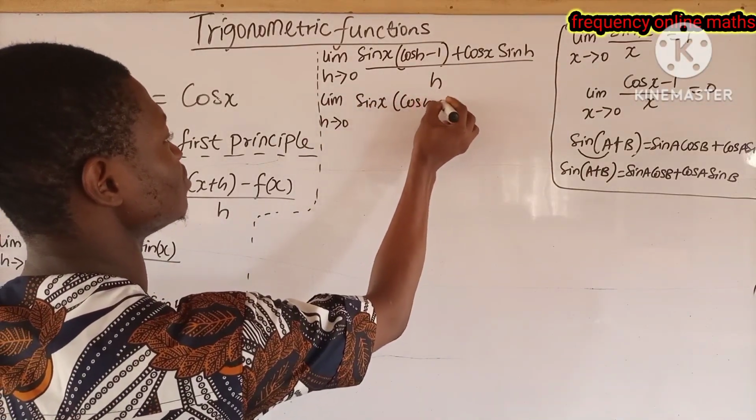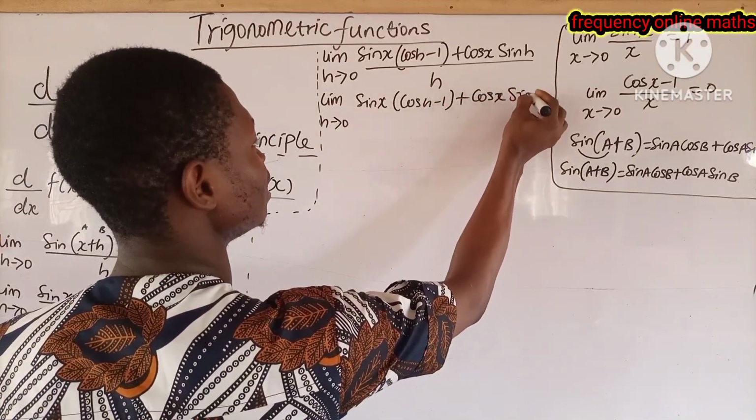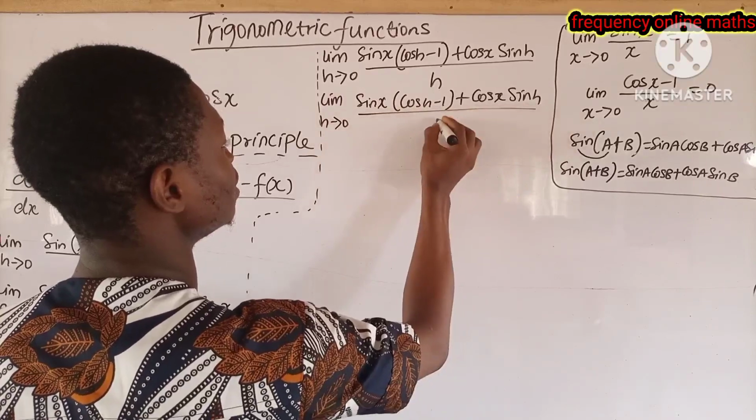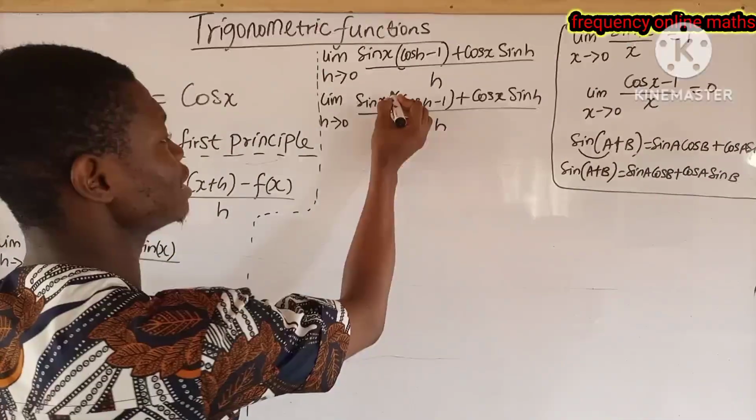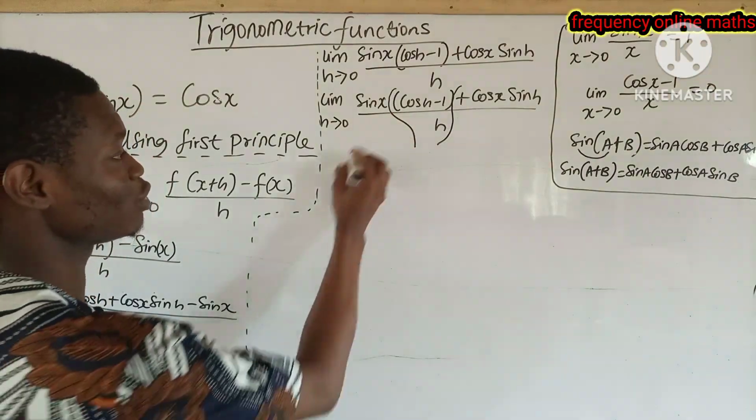Now remember that the cos of an angle minus 1 over the angle, as the angle approaches 0, is 0.